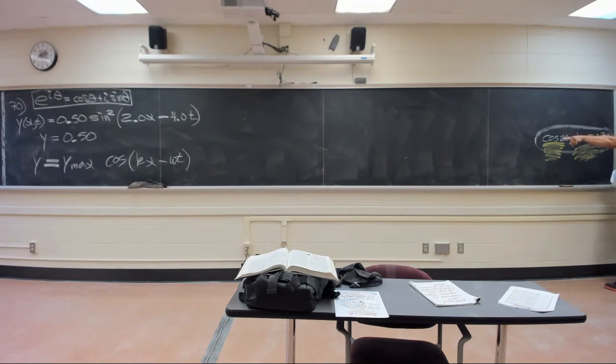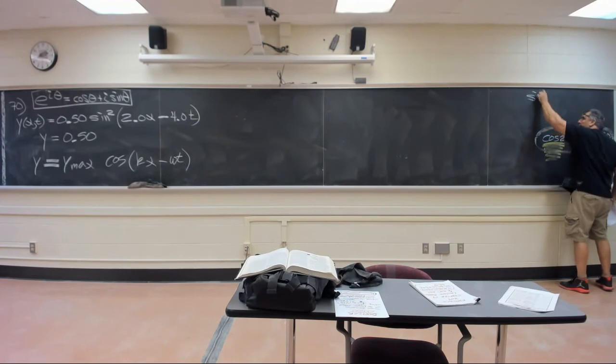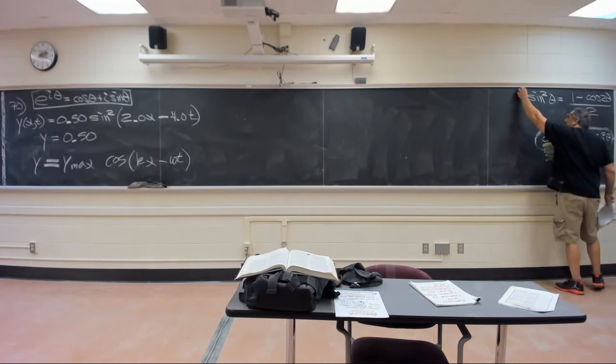Add a positive 2 sine squared theta on each side and subtract cosine 2 theta and divide by 2? Well, that's what I already wrote earlier. And so we had 1 minus cosine 2 theta divided by 2. Okay, that's the one. That's big, because that's where they started us, guys.